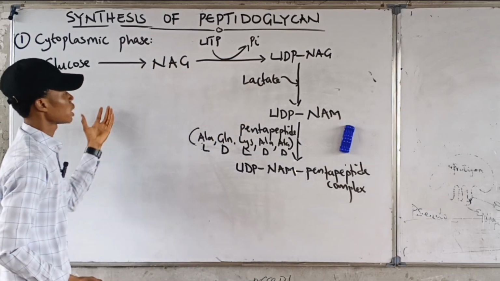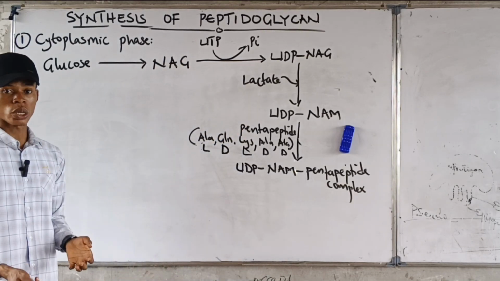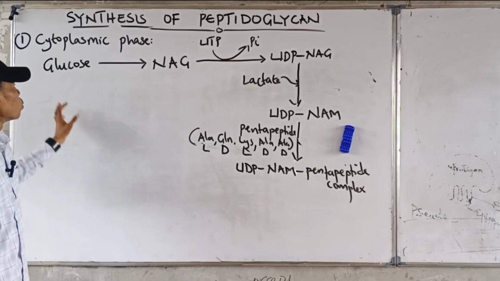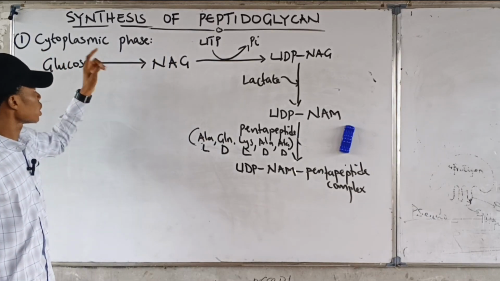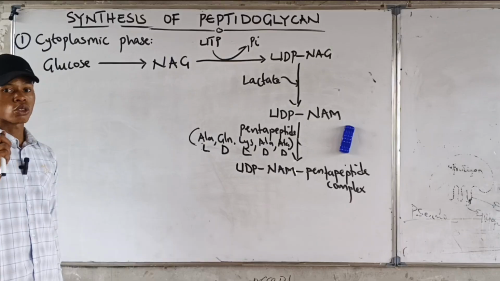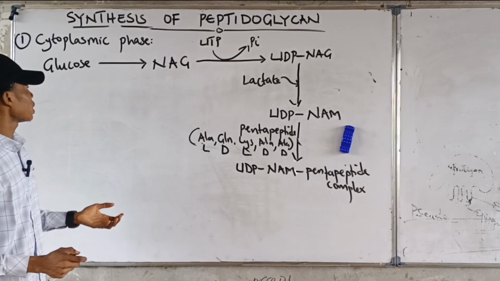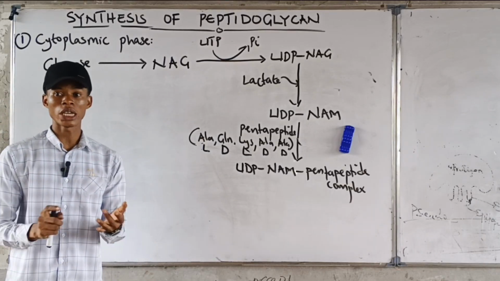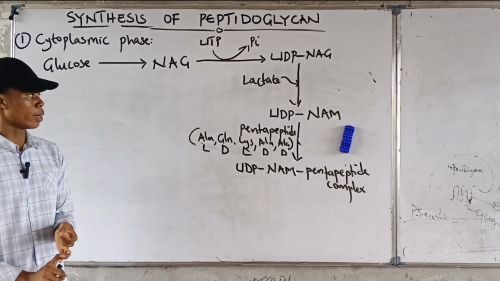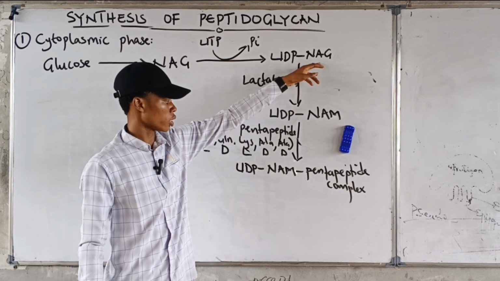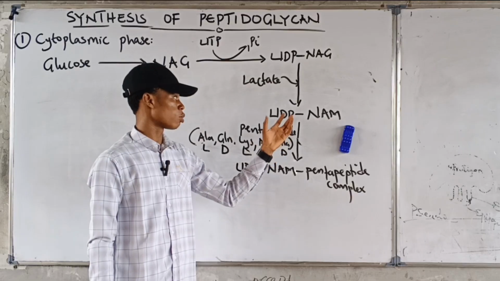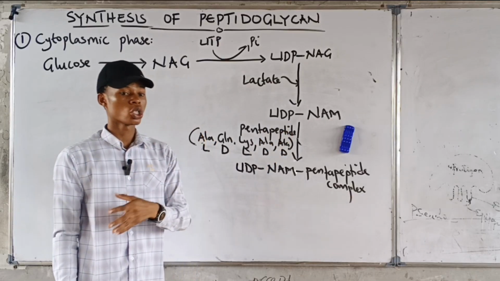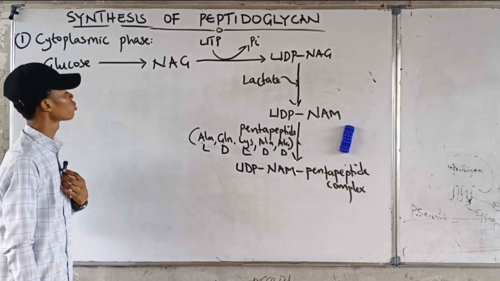Now remember that all these things are happening in the cytoplasm. This is the first step of the synthesis of peptidoglycan. What we are synthesizing is the precursors we need, NAG and NAM. We've gotten NAG from here, we've gotten NAM, and our pentapeptide has been attached. So we'll move on to the next phase now.